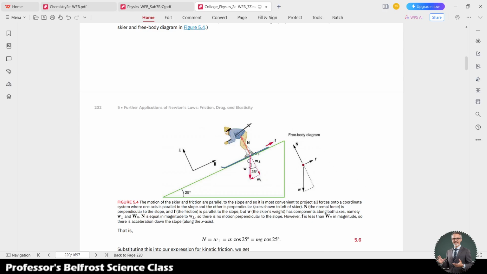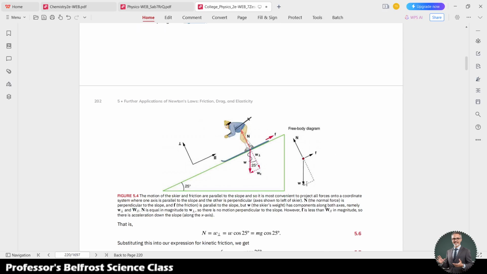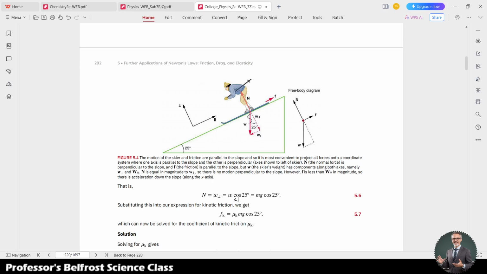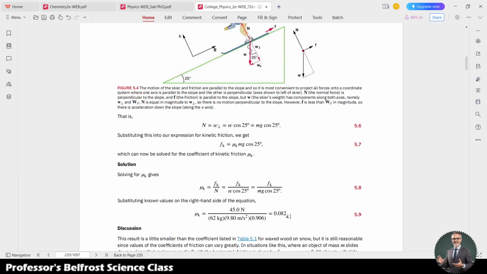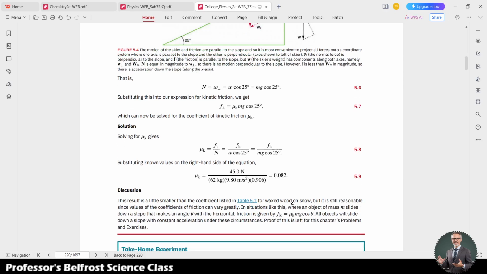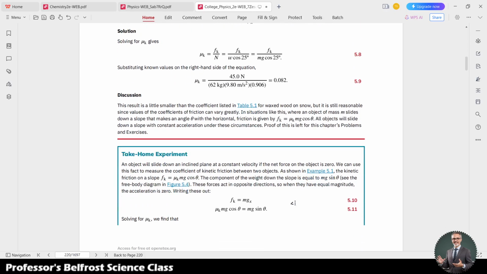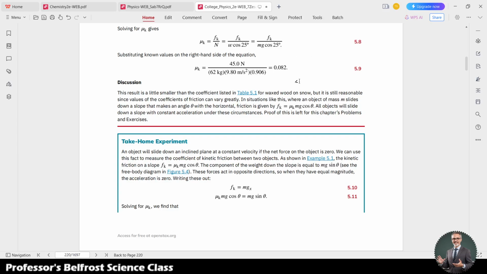From this free body diagram, you can see that n equals w cos 25 degrees, and Fk is mu_k n, right? And n here is mg cos 25 degrees. So mu_k is Fk over w cos 25 degrees. So mu_k is about 0.082, with no unit.